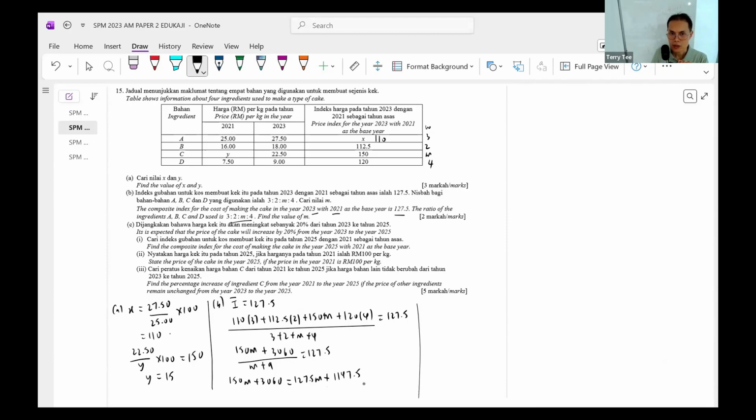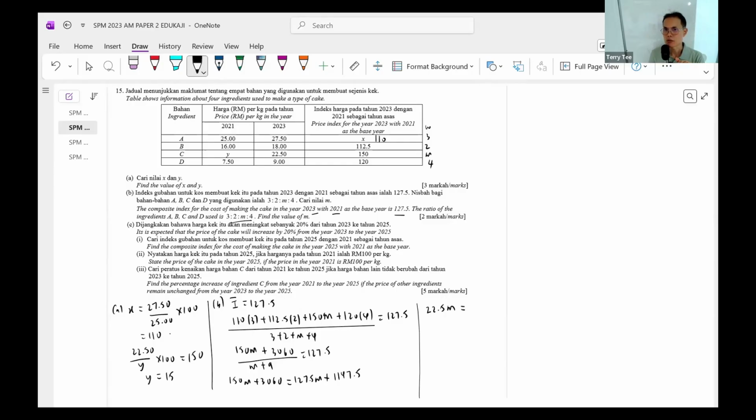Okay, I need to solve for M. So I bring it over. 150 minus 127.5 is 22.5. Okay, then I typed wrongly, then counted wrongly.